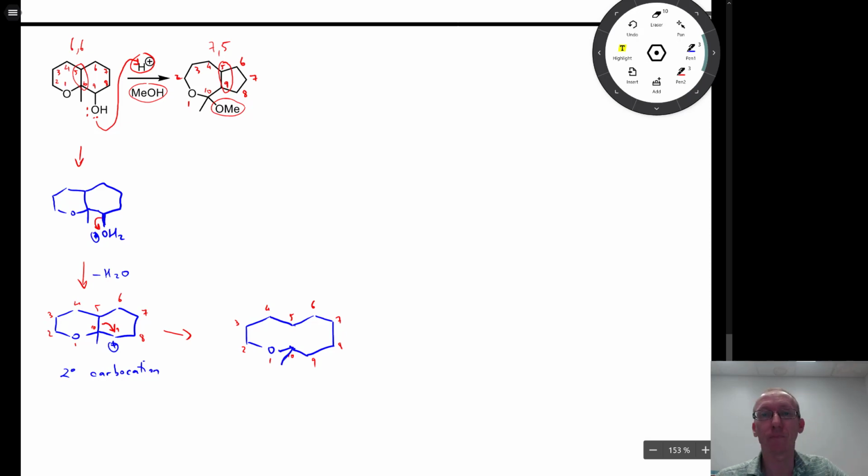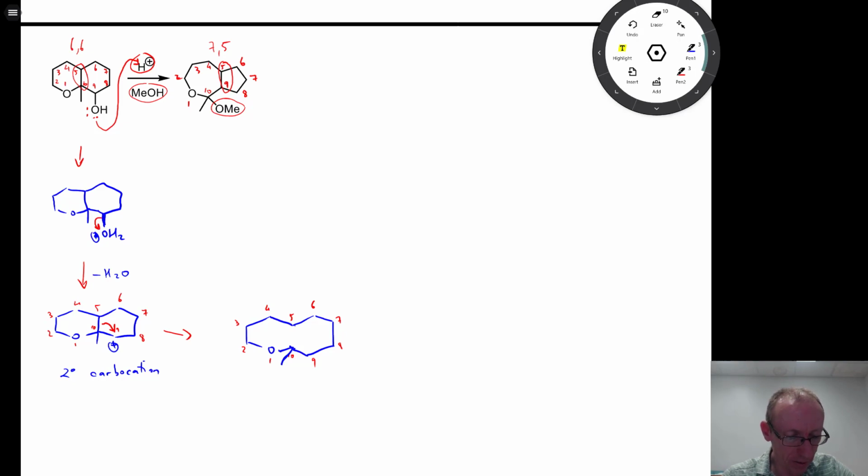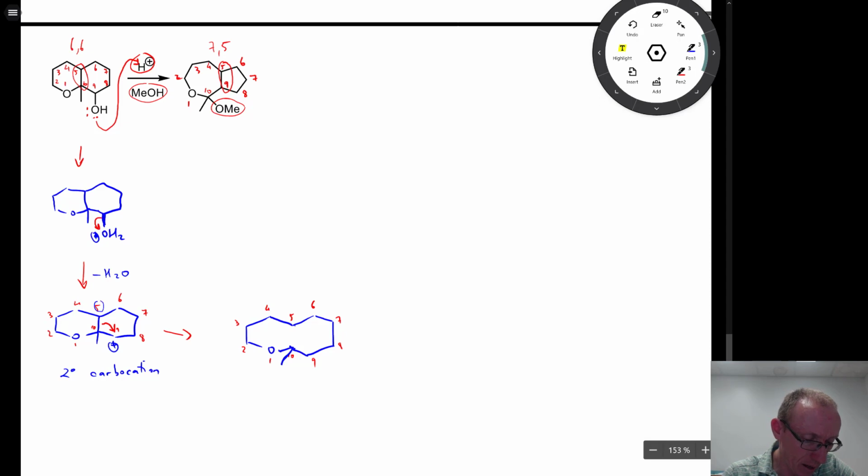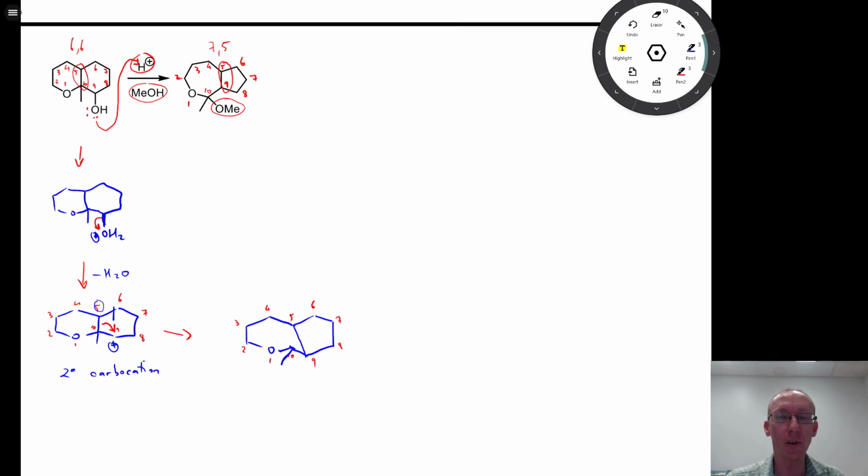There's that methyl group. Okay, so with that migration, 5, with its pair of electrons, has migrated to be bonded to 9. So that bond has migrated to between 5 and 9 like that. Now, a really common mistake in going through these mechanisms is to put the positive charge in the wrong position.